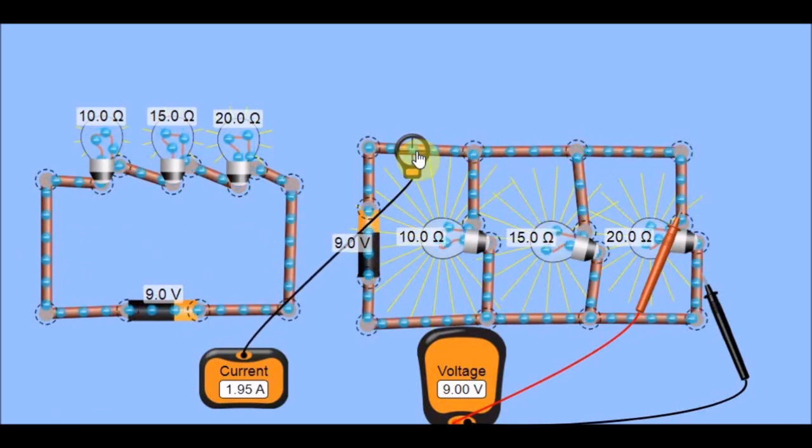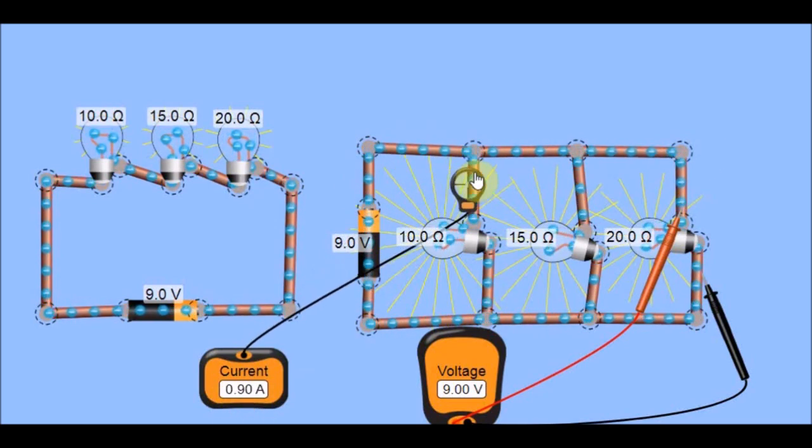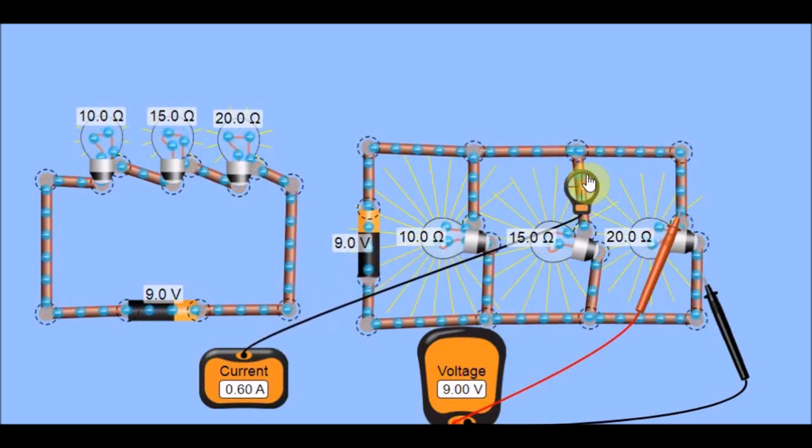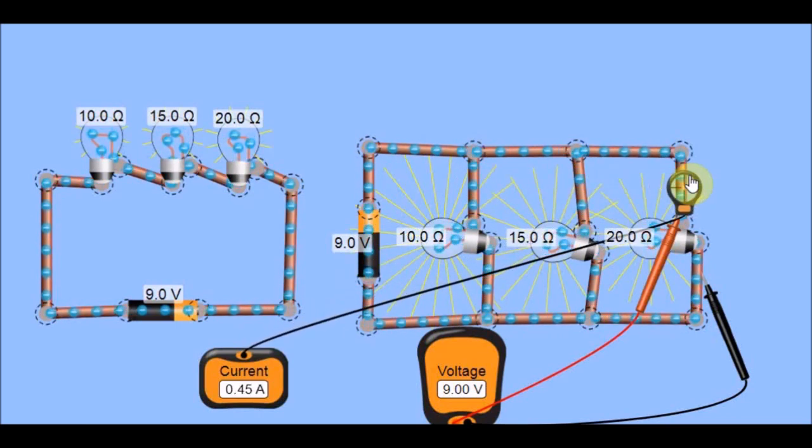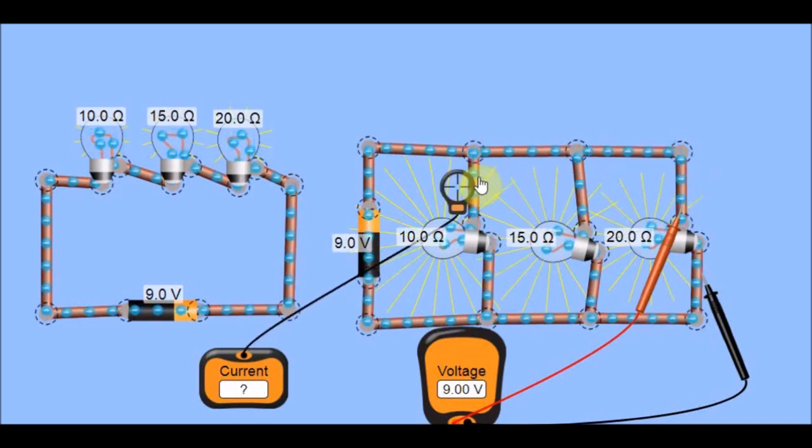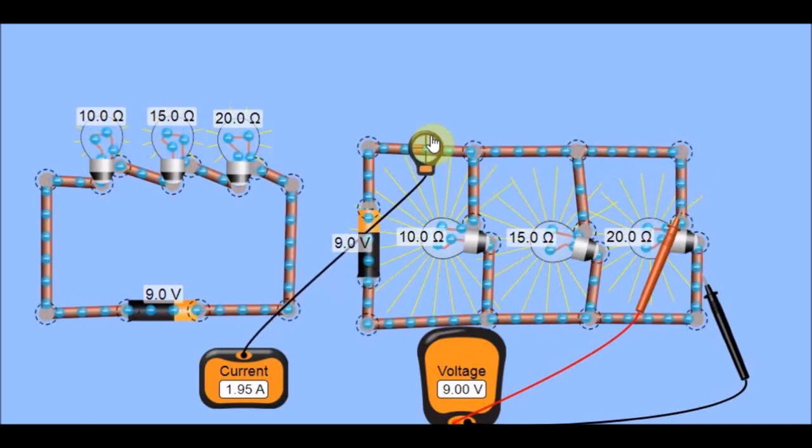It splits. So we can see from here the total current that would enter through this lane is what? 1.95. Now let's check what will enter here. We have 0.9, here we have 0.6, and here we have 0.45.